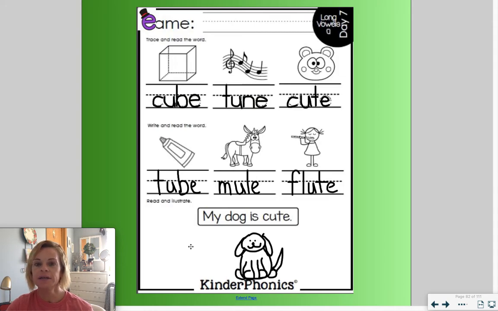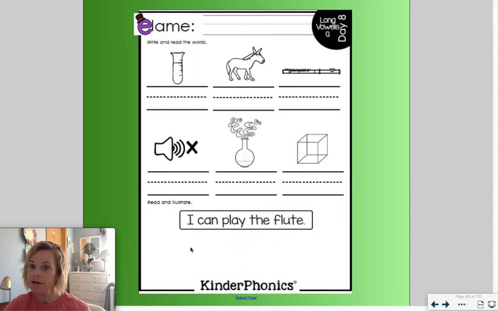All right, let's look ahead at the page that says Long Vowel U, Day 8. Now, all of these pictures you're going to write independently. Do not start writing yet because there are some tricky pictures on here. Listen first. We're going to do the top row and check. Then we'll do the bottom row and check. Then we'll do the sentence.